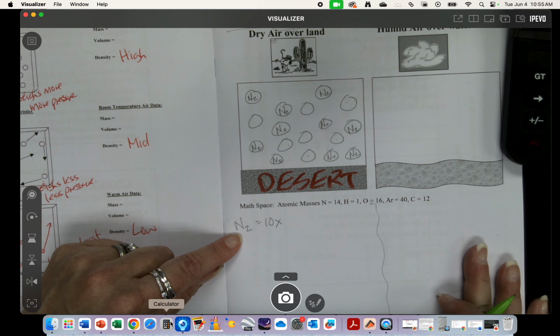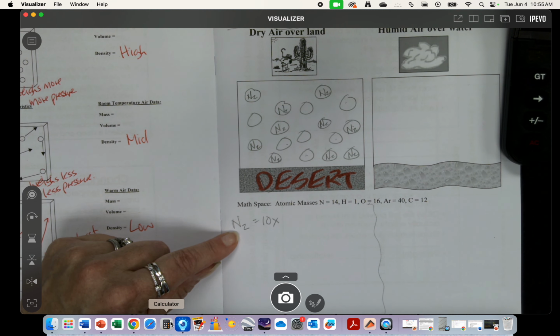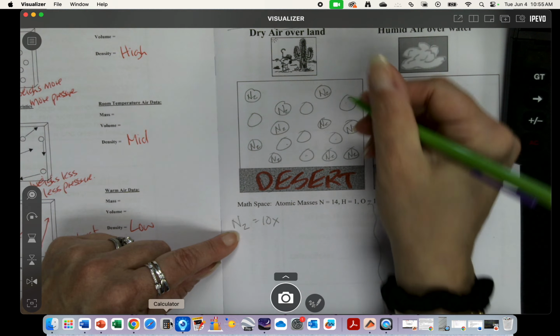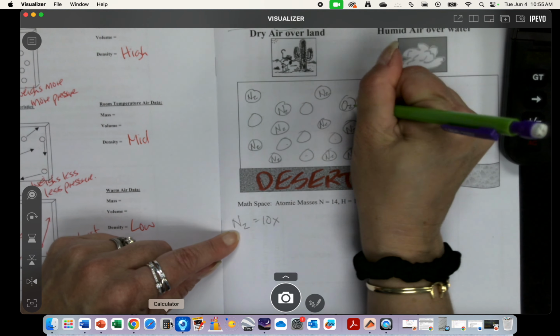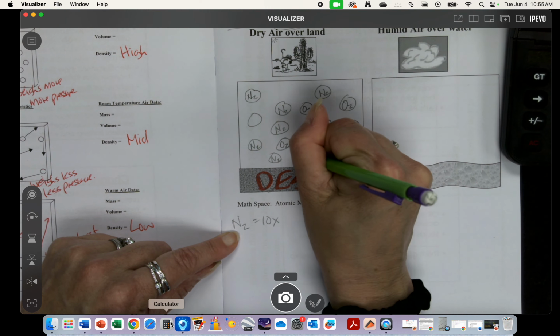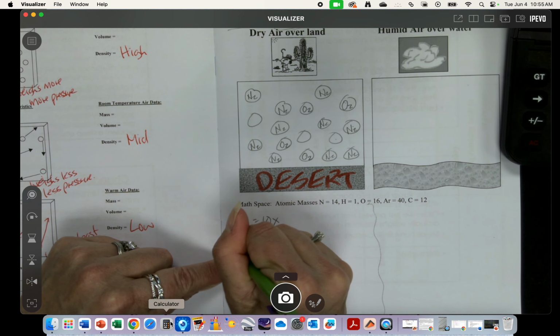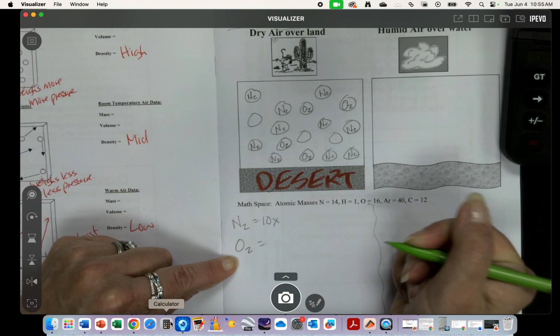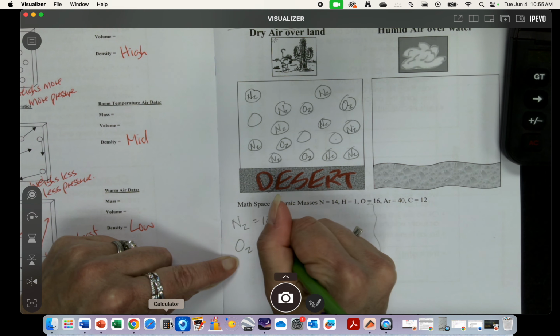What's the next most common gas in the atmosphere? Jake: Oxygen. Let's make 4 of them oxygen. So O2, O2, O2, O2. For oxygen, how many of those 17 molecules did we make oxygen? 4.